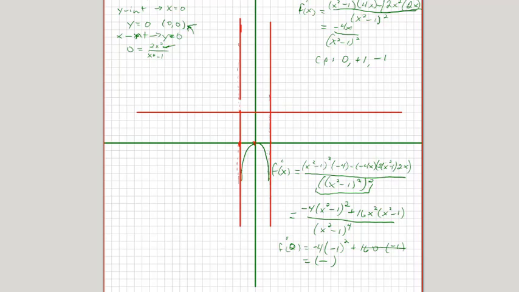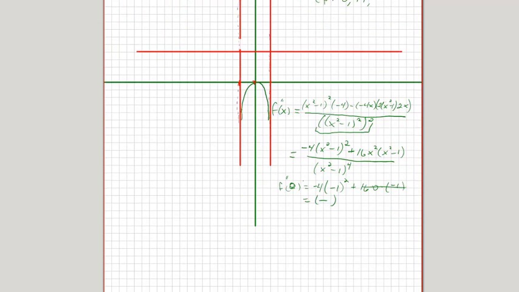So I've got part of my graph drawn. Okay, so then what happens, what's my second derivative if I plug in, let's stay on the right side. And we can use symmetry again if we want to. If I plug 1 in, well, now x squared minus 1 is going to be 0.